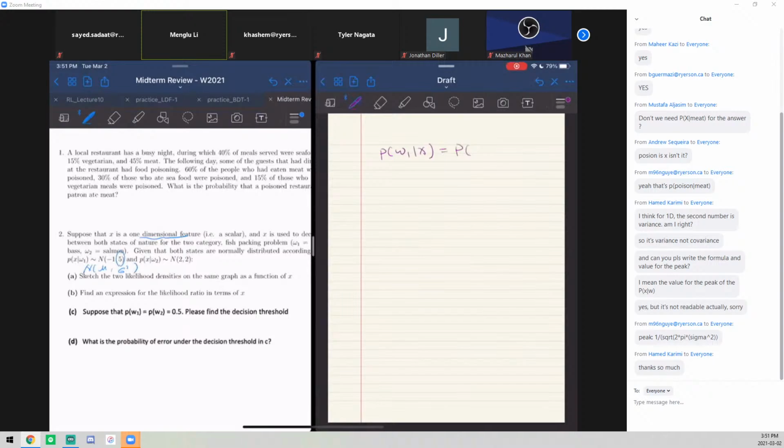We want to find the x that makes the posterior probability for each case the same. We don't know the posterior probability directly, but we can replace it by the likelihood and the prior, so we replace it like this.